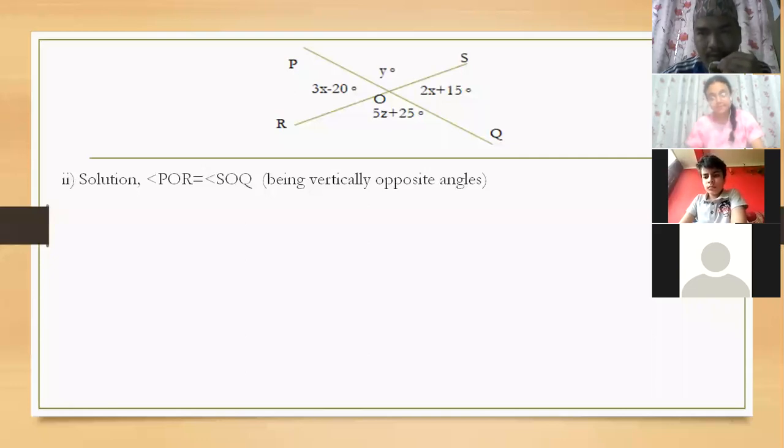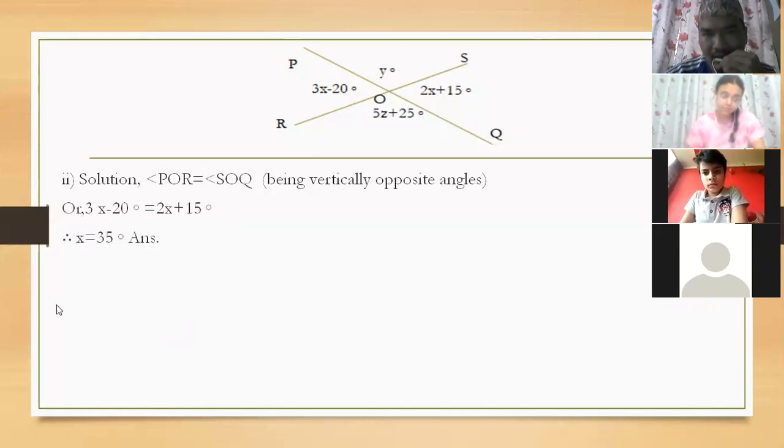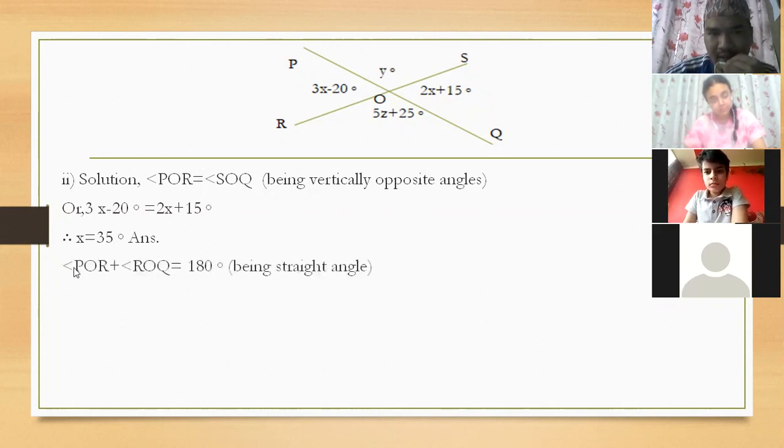Understood? Similarly, look here. When you solve it, you will get the value of x. The x value will come 35 degrees, because 3x minus 2x is x, and when minus 20 is added with 15, it will be 35 degrees. Now we have to do angle POR plus angle ROQ. Look, POR and ROQ are a straight angle.